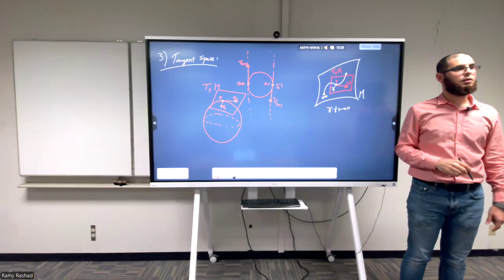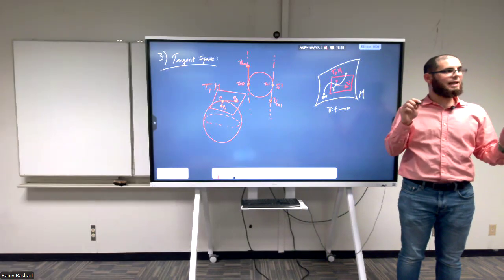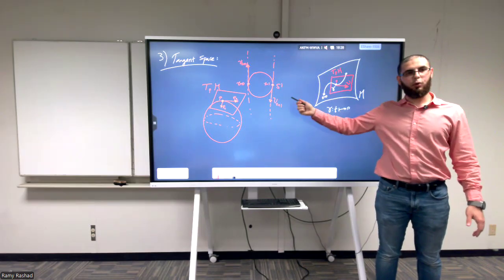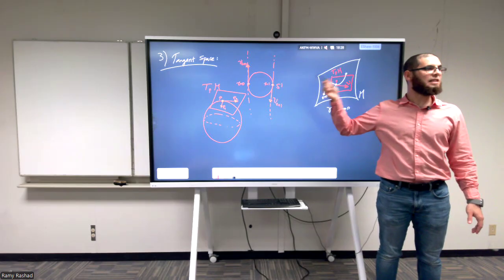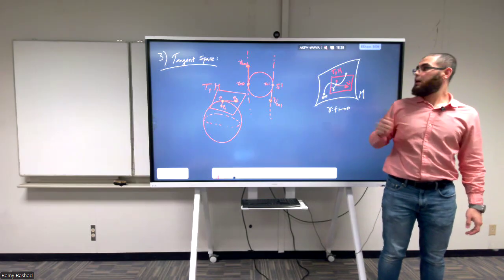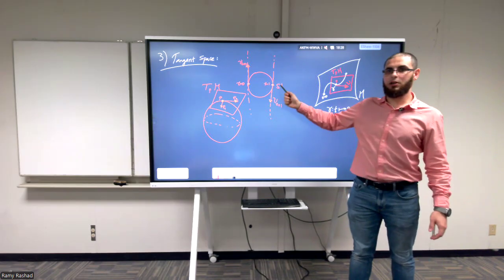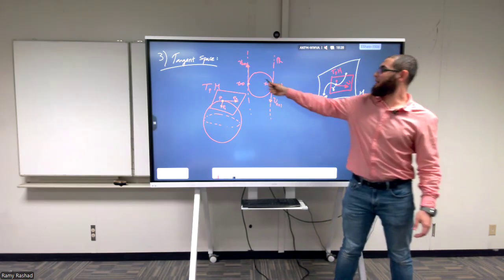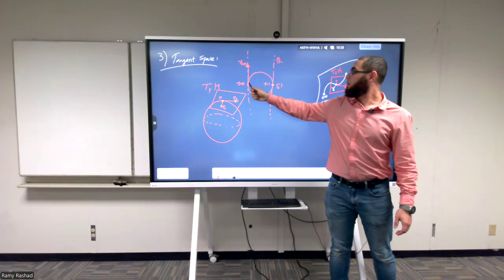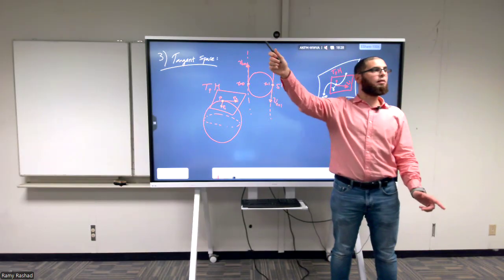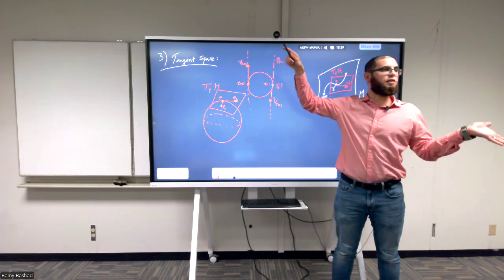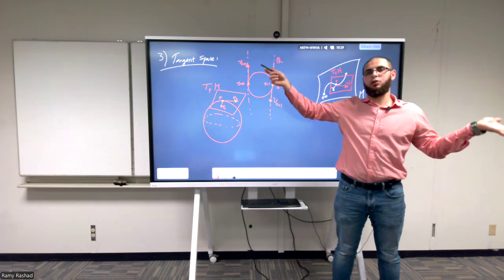So what I'm going to say is always true. The tangent space at every point on a manifold has a vector space structure. The tangent space for the circle here is R. This vector here, I can be moving with 1 unit of speed, or very fast, maybe with 10 units of speed, or 100 units of speed, right?